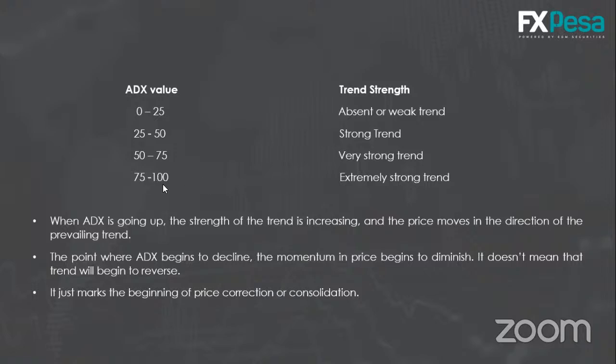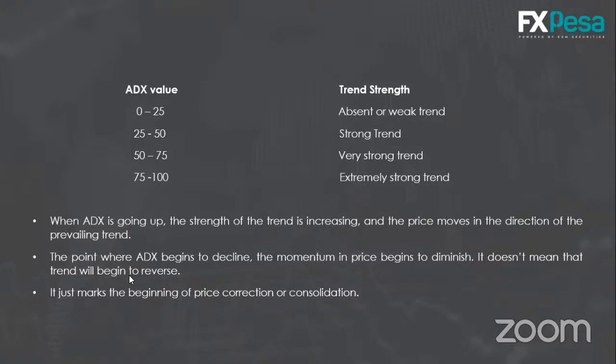Then from 75 to 100, the trend would be said to be very strong. So as it continues to soar higher, that signifies that the current trend is quite strong. When ADX is going up, the strength of the trend is increasing, and the price moves in the direction of the prevailing trend.